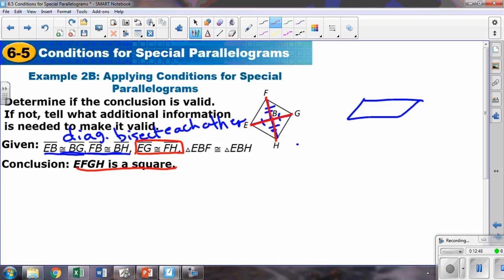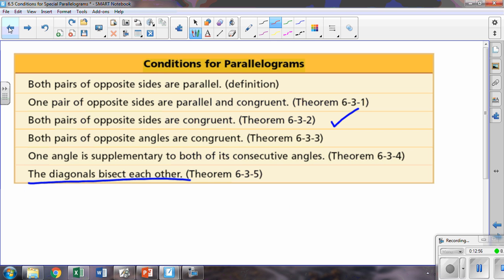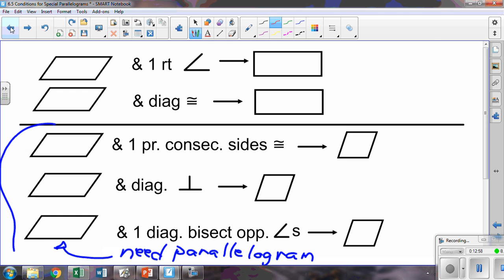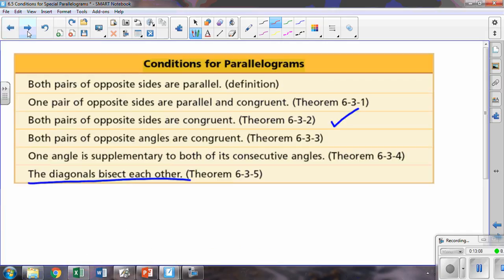So it's a parallelogram with congruent diagonals. That's right here. Parallelogram, congruent diagonals. So yes, we have a rectangle.